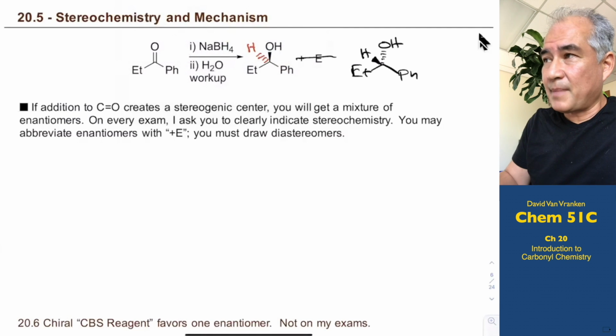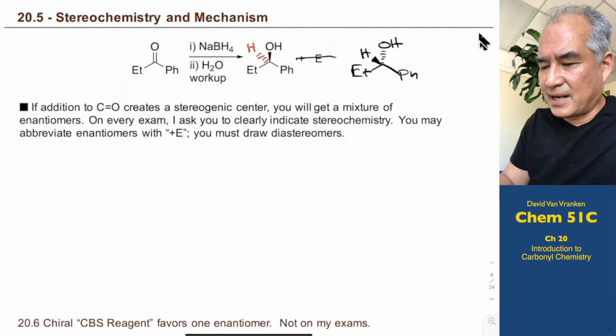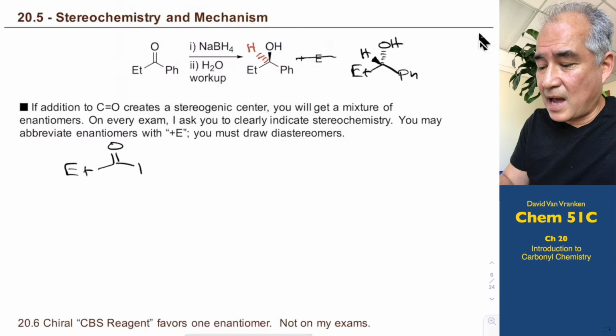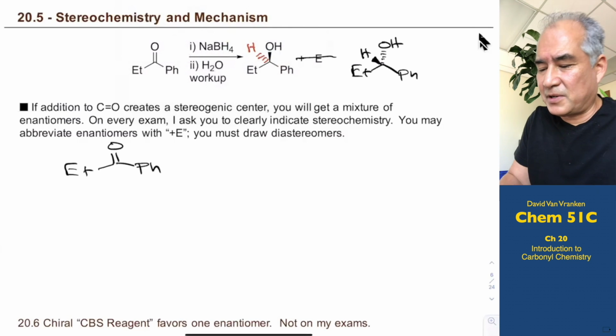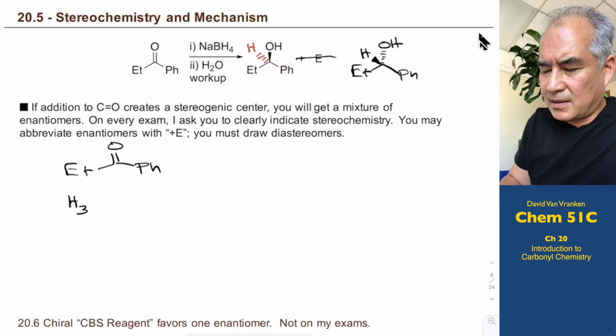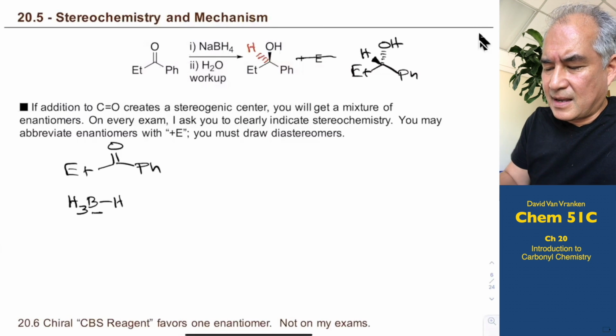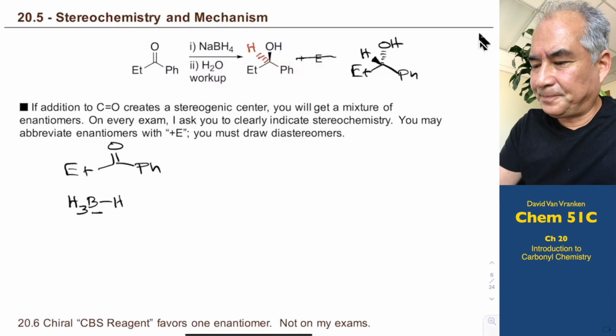So let's go ahead and talk about what's going on here, right? If you have a ketone of any kind, where the substituents are not identical, and you add a nucleophile that makes a third different substituent, I'll go ahead and draw out the hydridoborate species like this. And now let's go ahead and add that bond in.